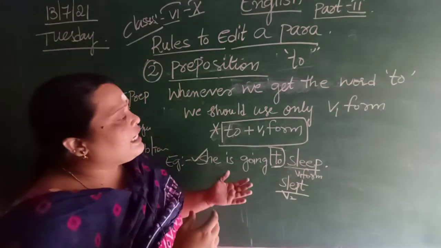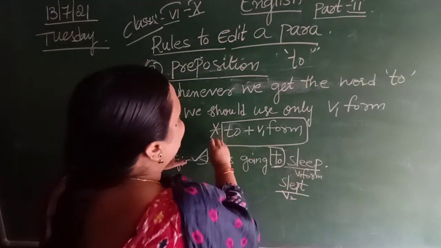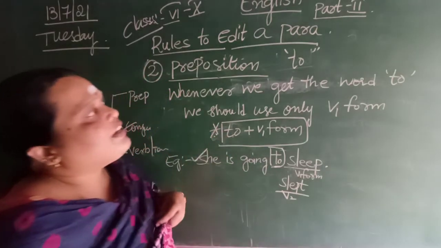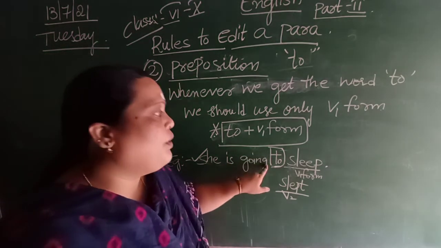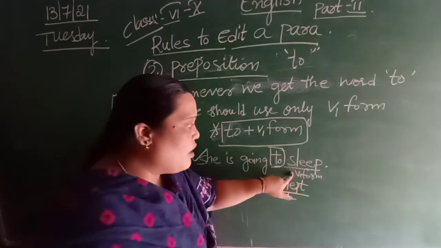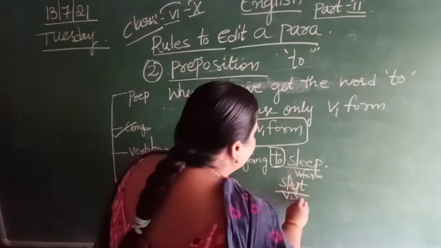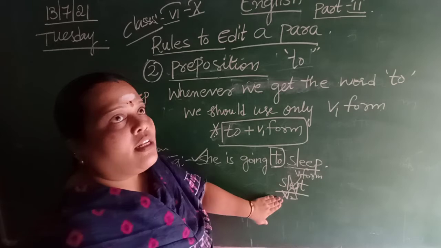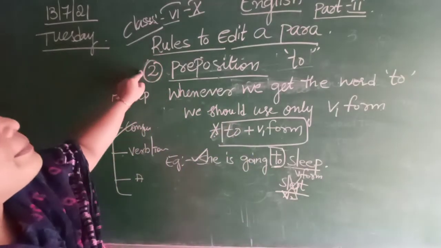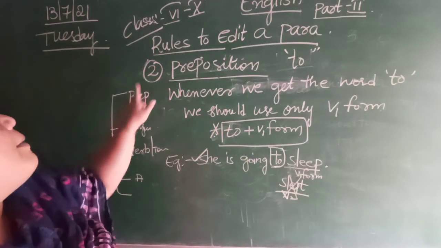So if you remember just the simple logic, then easily we can identify the error. That is, after "to" we should use V1 form, but if they give some V3, V2, V4, V5 forms, it is wrong. So this is our rule number 2, checking of prepositions.